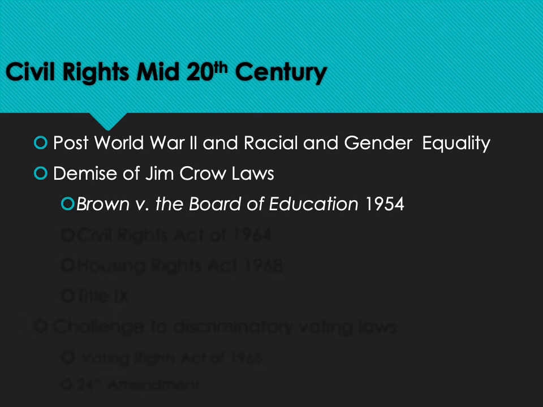That question comes to the Supreme Court. Is separate actually equal? And in 1954, the Supreme Court overturns the decision in Plessy versus Ferguson, bringing to an end, at least legally, the separate but equal doctrine in education.